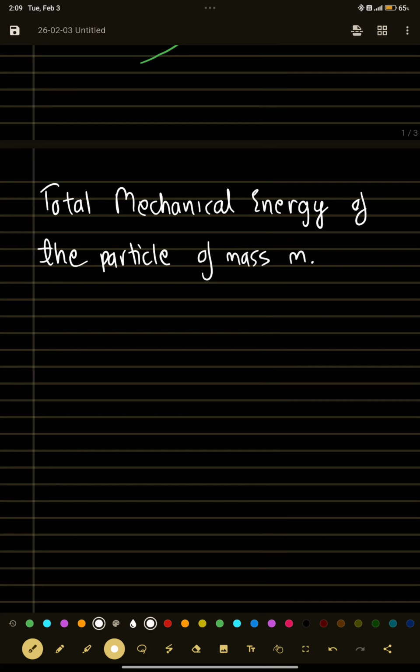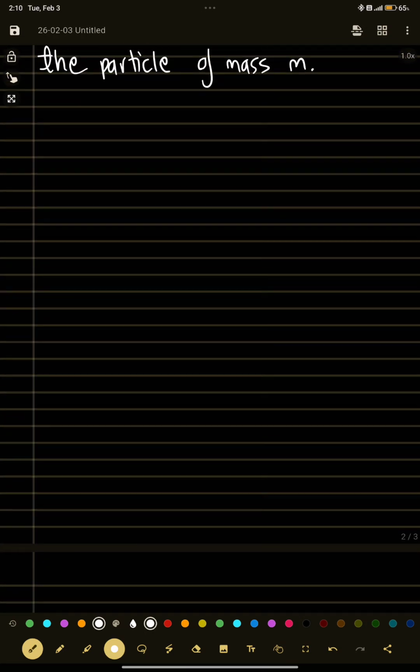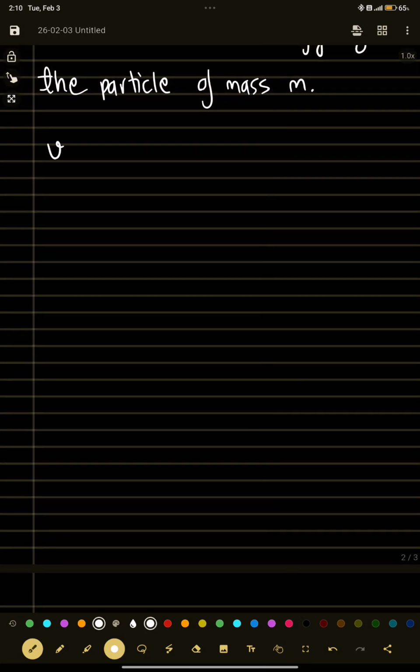So the coordinate system can be chosen as a polar coordinate system for this particular problem, and your velocity vector will have components in both the e theta and e r directions. So your v is r theta dot e theta plus r dot e r.